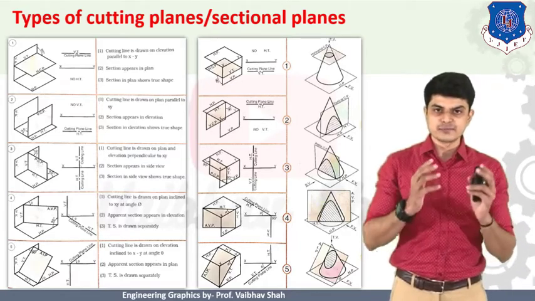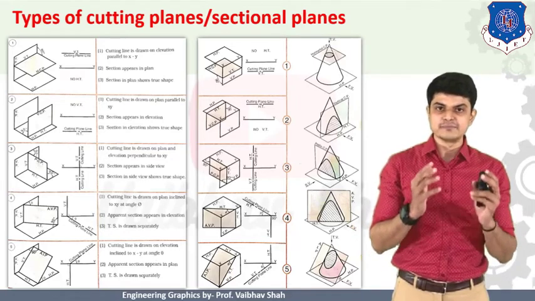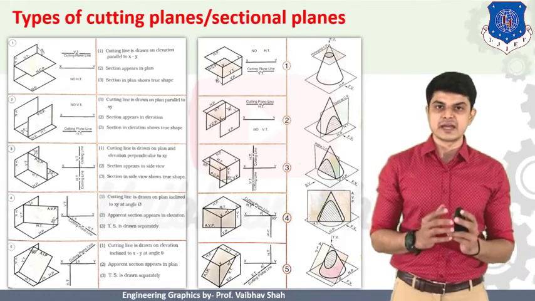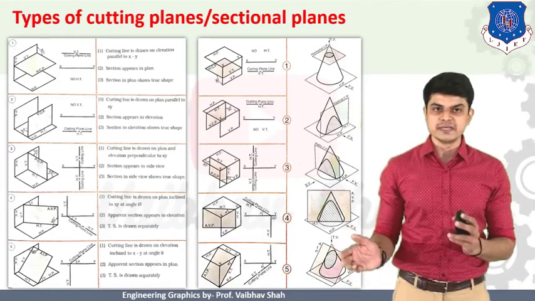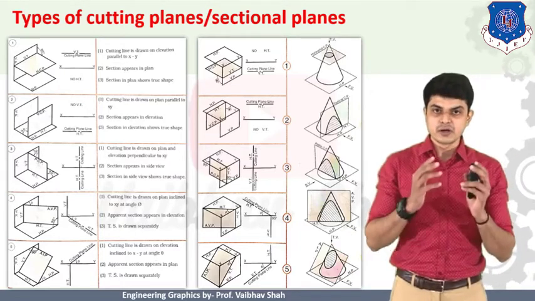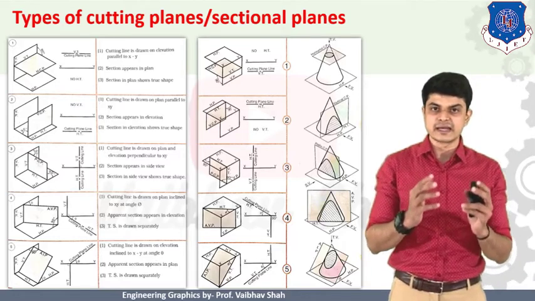Now let us come to the final plane, the auxiliary inclined plane. A plane which is making a certain angle with respect to HT, as you can see here, is known as an auxiliary horizontal plane, or auxiliary inclined plane.